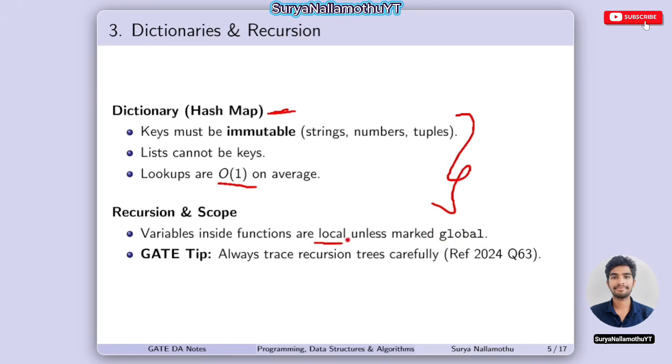If it is a local statement and there is no marking for global, it is used for local purposes only. The GATE tip is always trace recursion carefully. It means in the GATE 2024 exam, question 63, they asked about the recursion tree. The tracing for the recursion tree is very important.